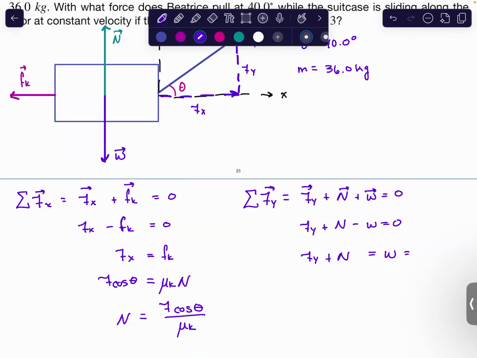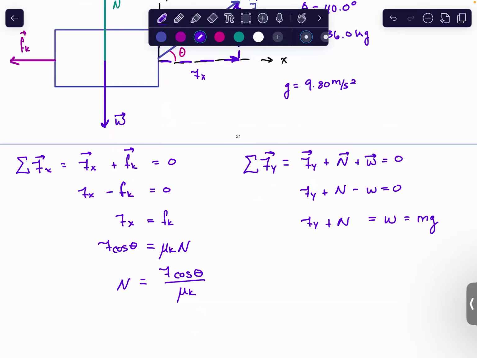What can we put in for weight? Mass times gravity. We remember what gravity is? 9.8. Okay, so we'll end up using that. Okay, so let's put in, so if the x component was cosine, the y component has to be sine. We're going to substitute in our equation for the normal force, equals mass times gravity.